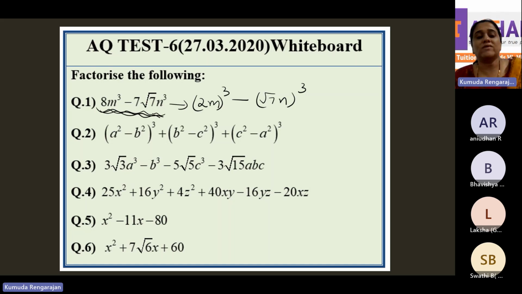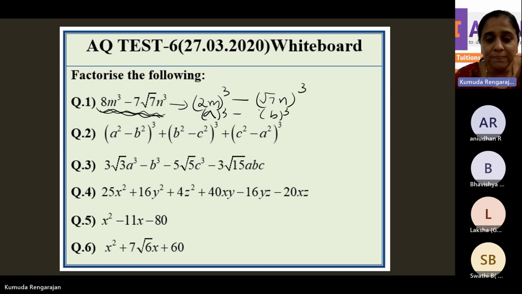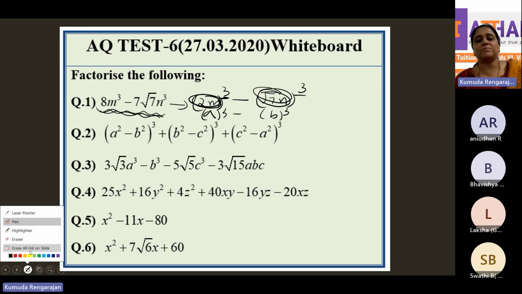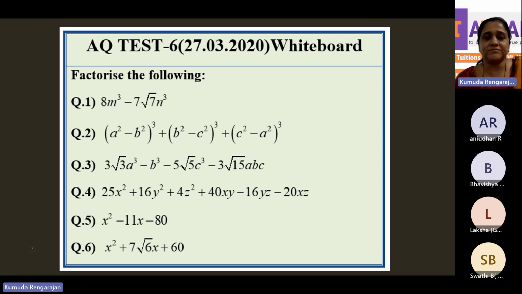So now you have expressed the given expression in the form a the whole cubed minus b the whole cubed, where a is 2m and b is root 7n.